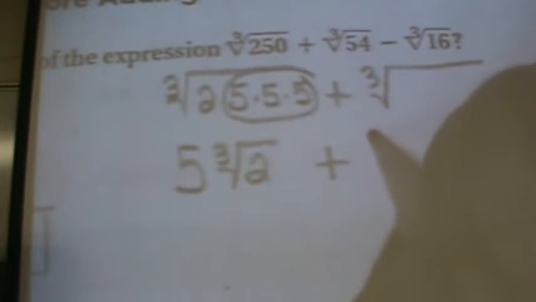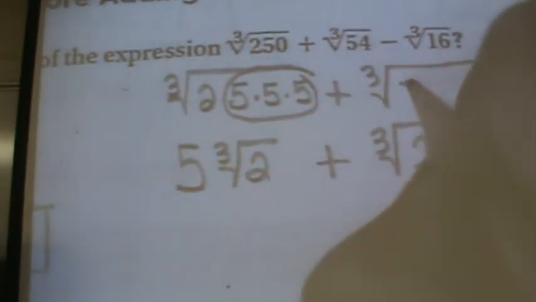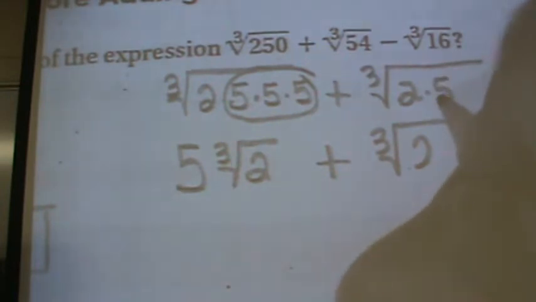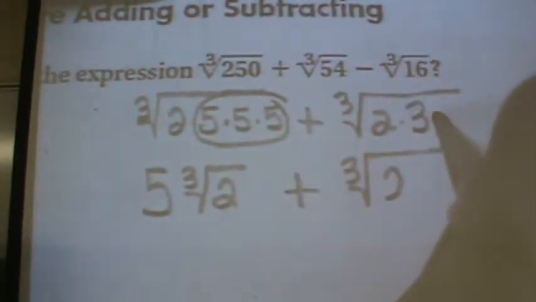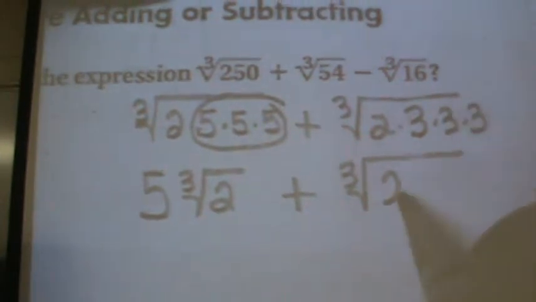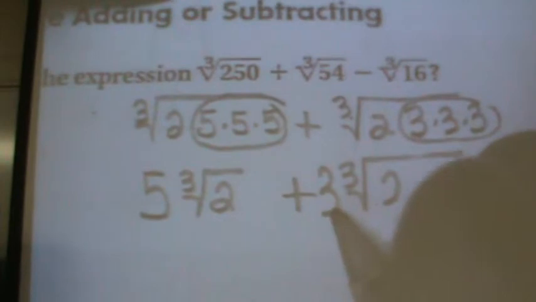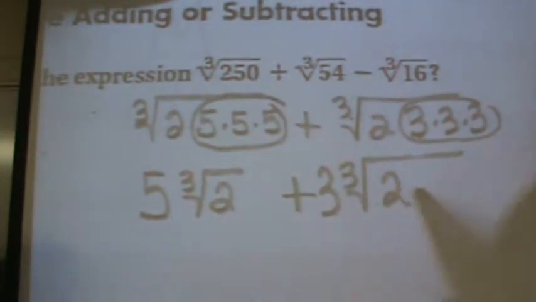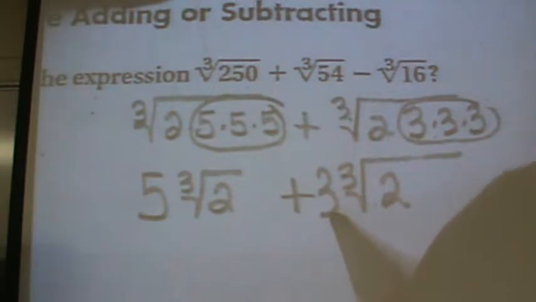Now I'm writing this all out. So what comes out now? That 3, so this would be 3 cube root of 2. So this 3 comes out, and what stays is the cube root of 2.